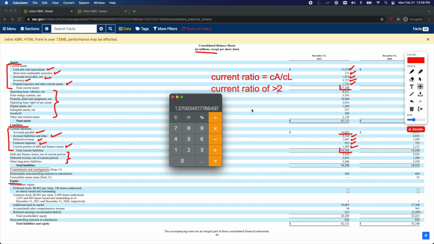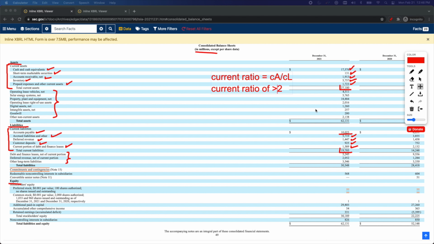Obviously, if you have more current liabilities than current assets, it won't be good if the company runs into some financial issues, or if market conditions turn south, because then you might run into liquidity issues. Again, it's not a major red flag, but generally speaking, you want to have twice as many current assets as current liabilities.